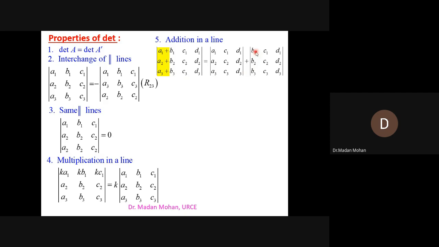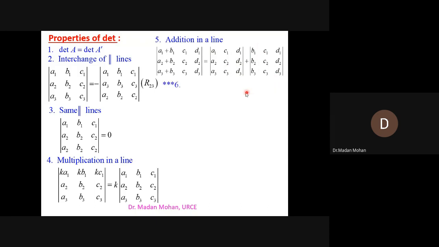Here the first column is B1, B2, B3. The remaining two are the same. Therefore, if your row or column is the sum of two elements, that can be written as the sum of two determinants. The reason is simple. If you expand the determinant using the first column, it is A1 plus B1 times C2D3 minus C3D2. Therefore, here A1 times this one, and here B1 times this one. I think you got it.